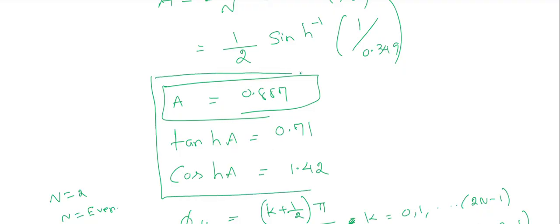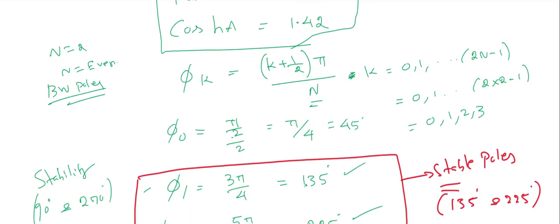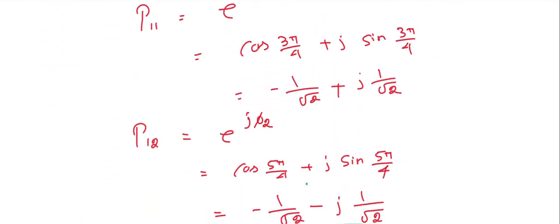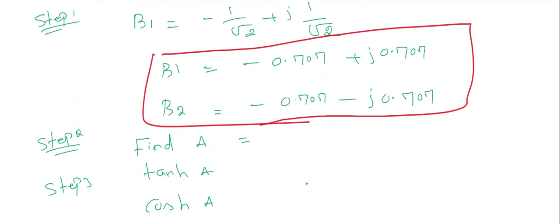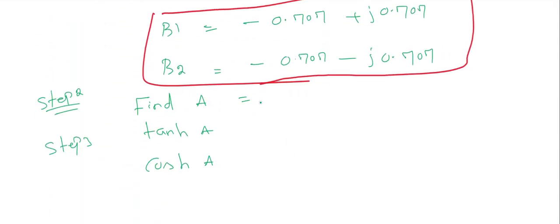I'll write it here again. Tan HA is 0.711, and cos HA is 1.42.